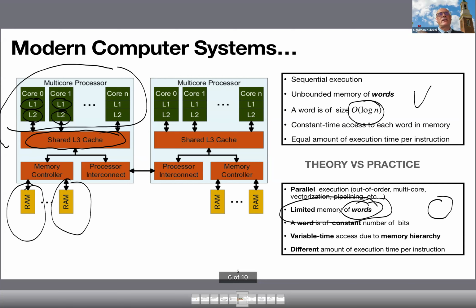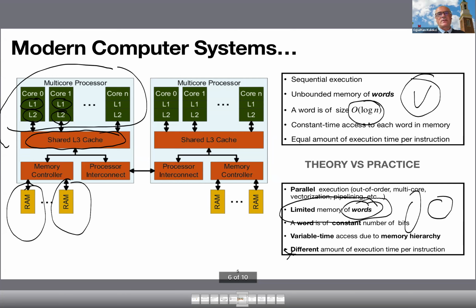Access to memory is assumed to be constant in theory, but actually it is not constant in practice. We will be talking about this on the next slide. And surely there are different amounts of execution time per instruction.